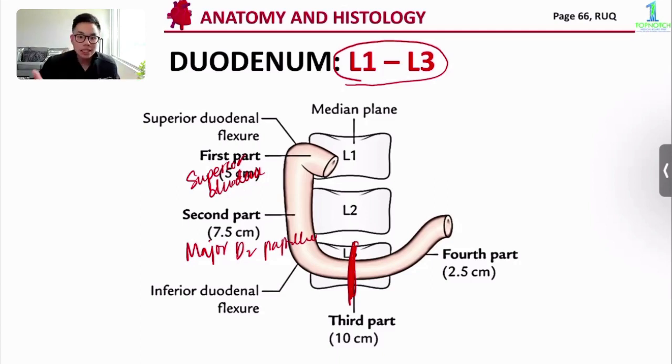Now, what's the clinical significance of that? In patients who are losing a lot of weight, or let's say patients who are anorexic, the fat pad would be gone, and therefore the superior mesenteric artery would press towards the duodenum area, and they would have obstructive symptoms.